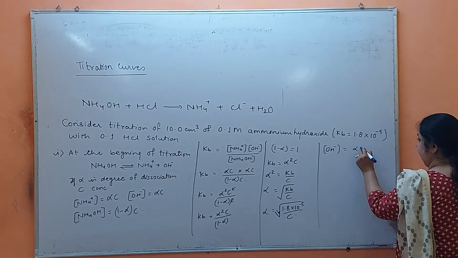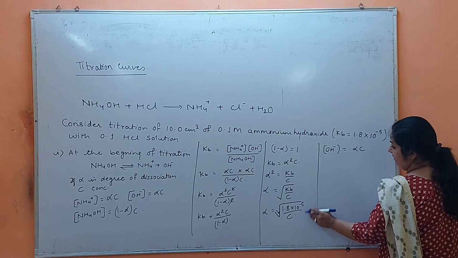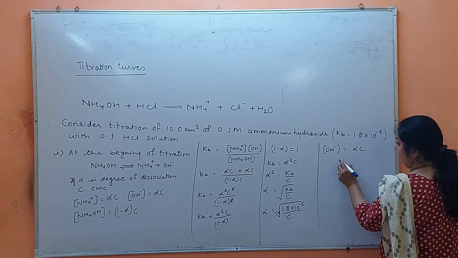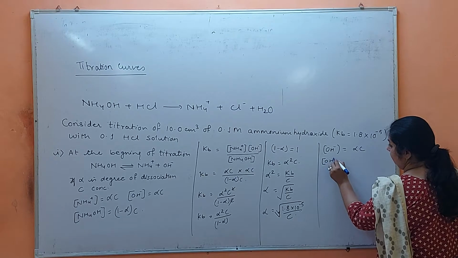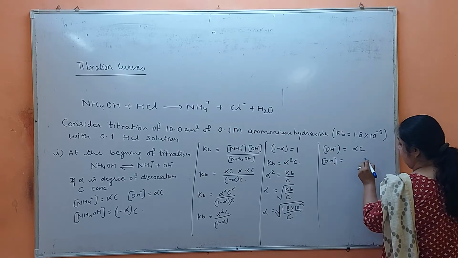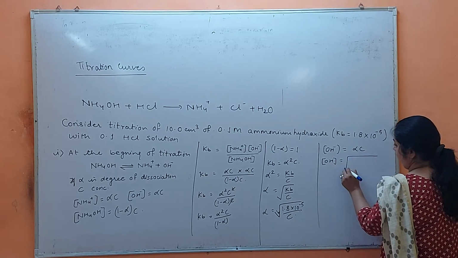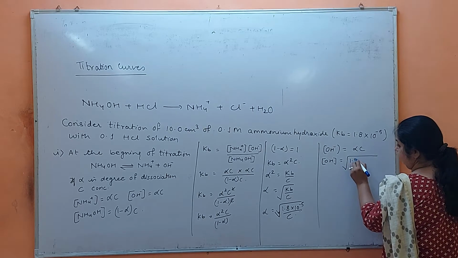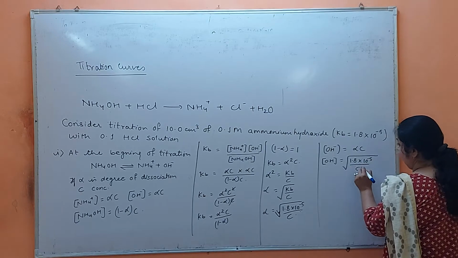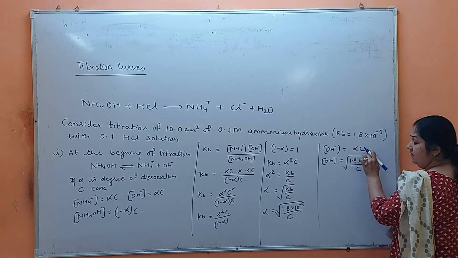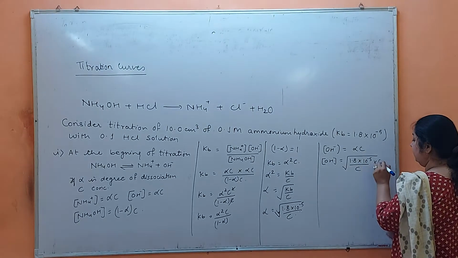Alpha C. So OH minus will be equal to, then alpha is under root of 1.8 into 10 raised to minus 5 upon C. But try to understand this C, if we take under root, we will have to take C square.